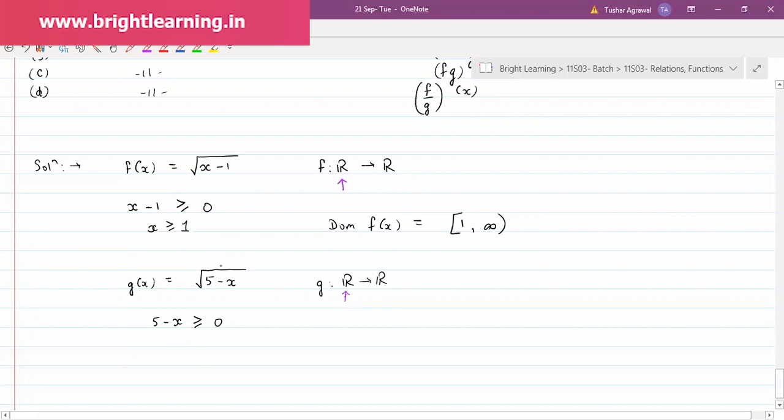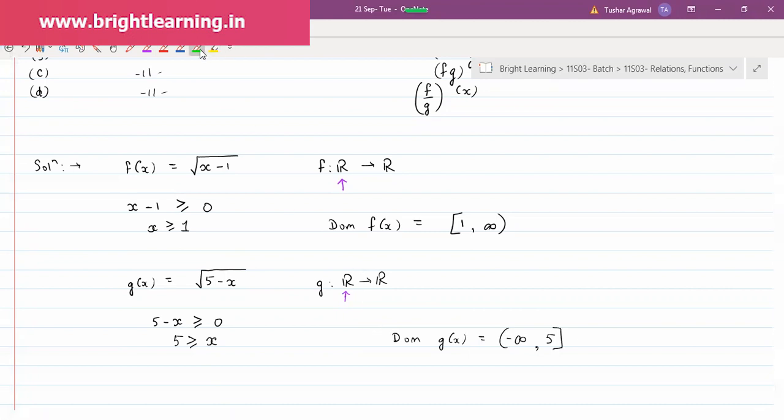So 5 is greater than or equal to x. So the domain of g of x is everything less than or equal to 5, written as negative infinity to 5. This is the answer of the first two, the domain of f and the domain of g.